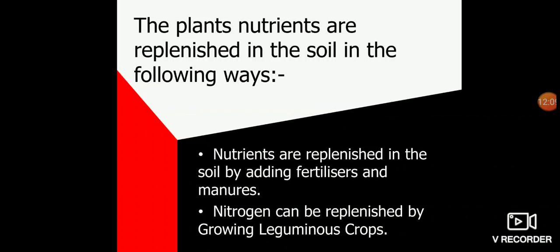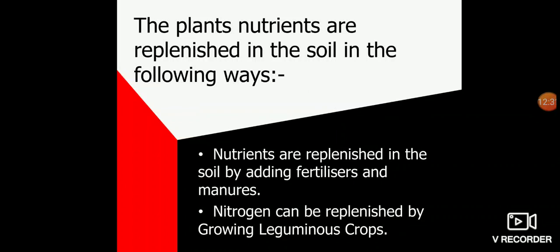So, there are some methods to restore the fertility or to replenish the nutrients in the soil. The plant nutrients are replenished in the soil in mainly two ways. First way is nutrients are replenished in the soil by adding fertilizers and manures. Do you know what is the difference between fertilizers and manures? Fertilizers are man-made.